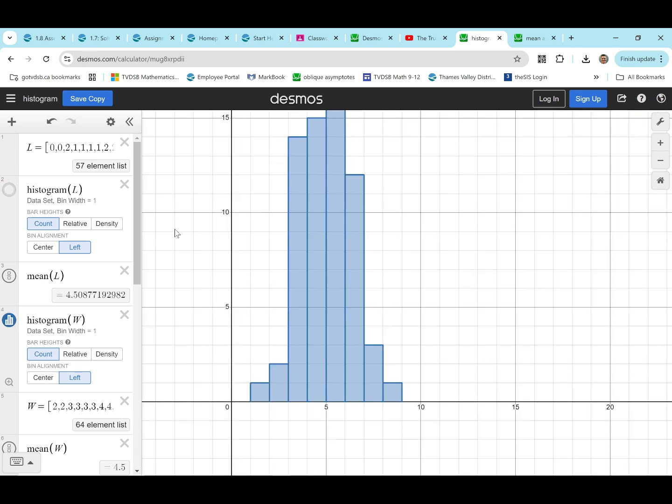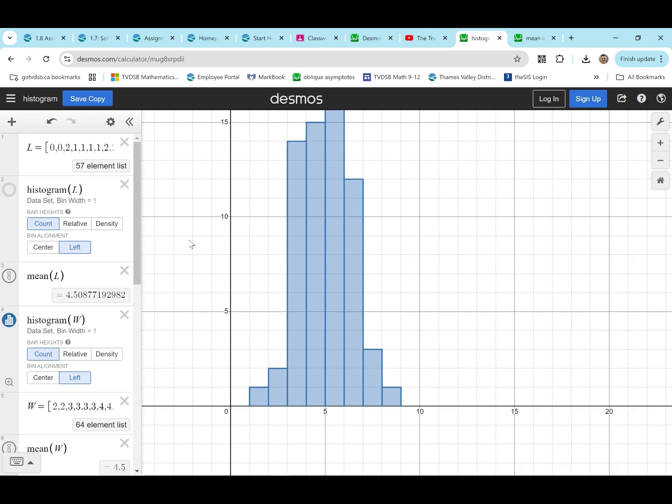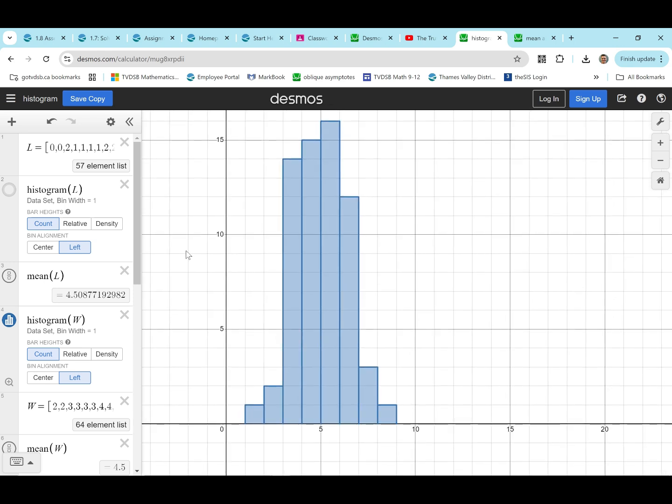Now both of these data sets have right about the same mean. The mean is about 4.5 for these two data sets. And we can recognize right away these data sets are spread out a little bit differently. If I were to describe this qualitatively, I would say this blue data set seems to have a lot more values spread around the mean, again the mean being 4.5, whereas the green data set has more values that are further away from the mean.